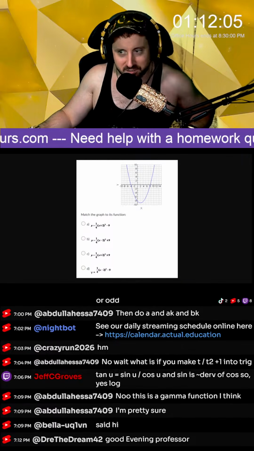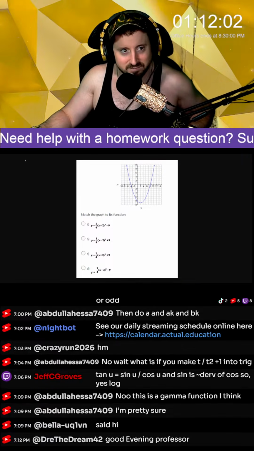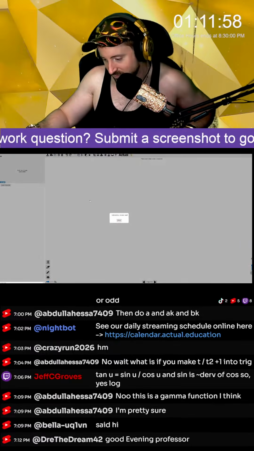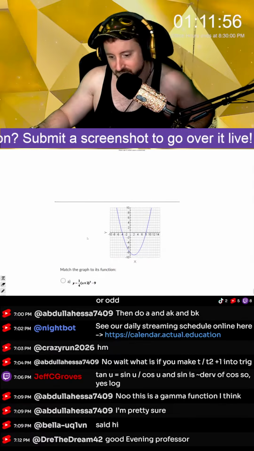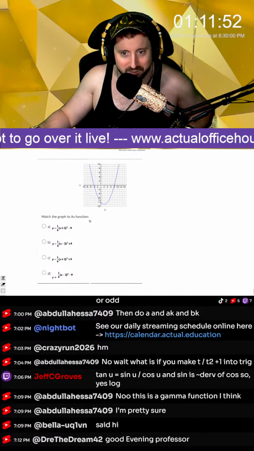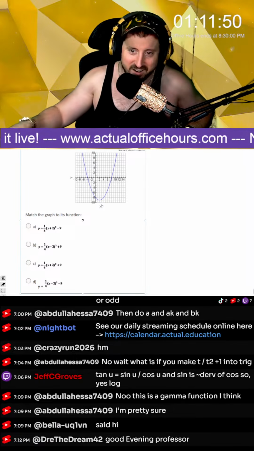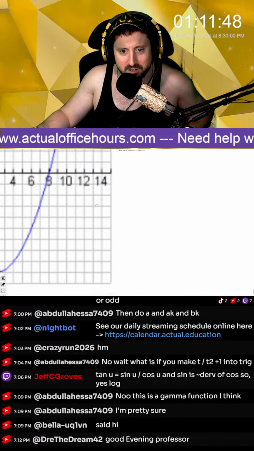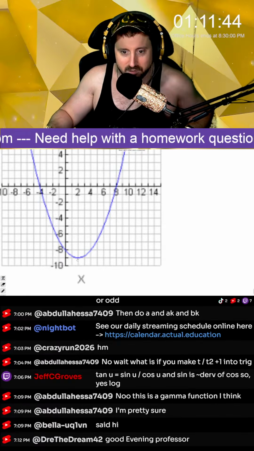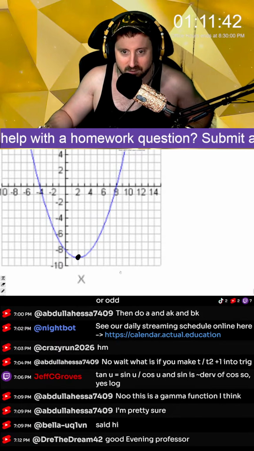Match the graph to the function. Not too bad. We can do this. All right, let's see. First thing you want to do is figure out where the vertex is, right? So it looks like the vertex is here.